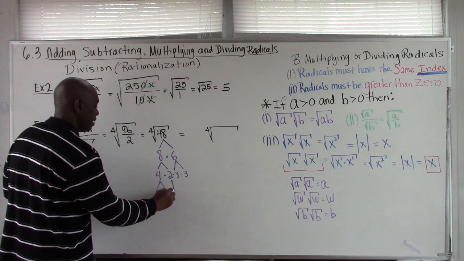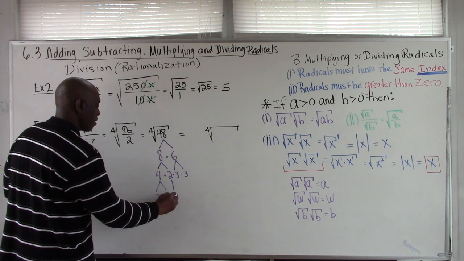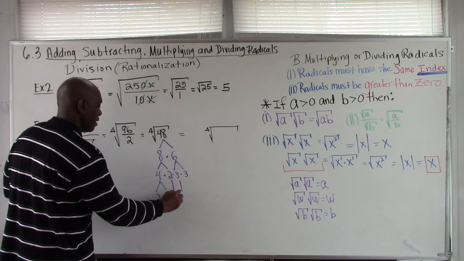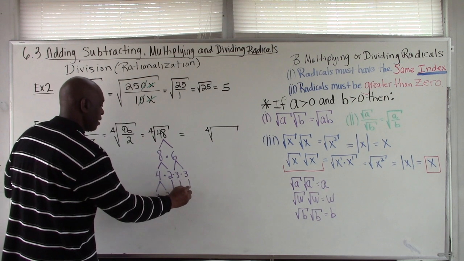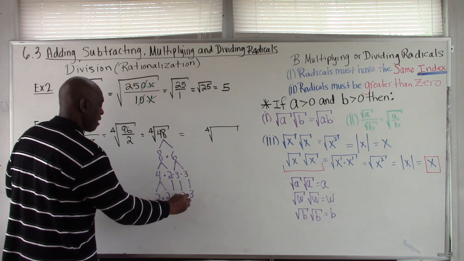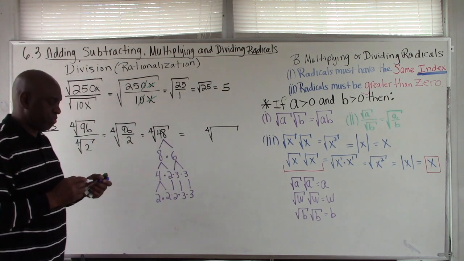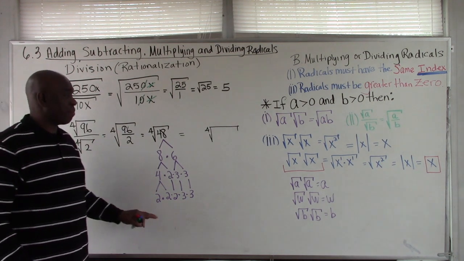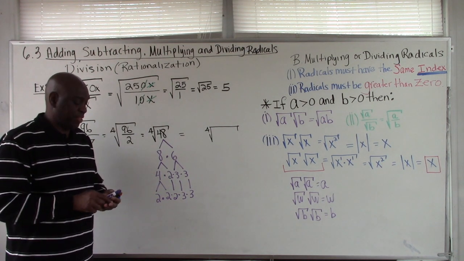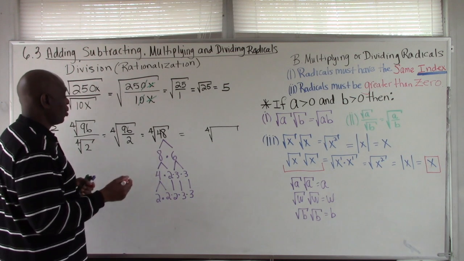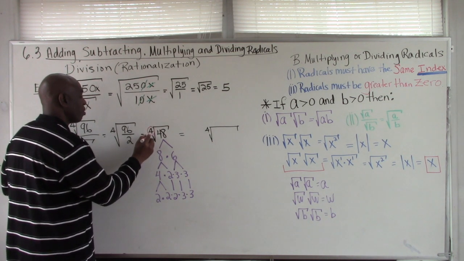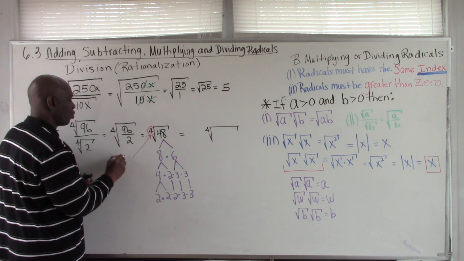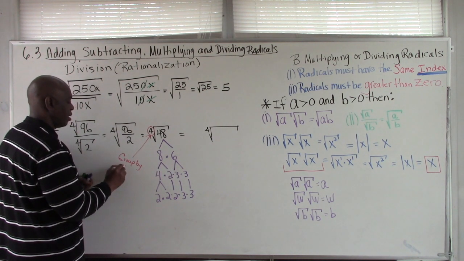Bring this 2 straight down. Bring this 3 straight down. And bring this 3 straight down. We have all prime numbers. Very good. We have all of our primes. And the index is 4. So we have to group by 4s.